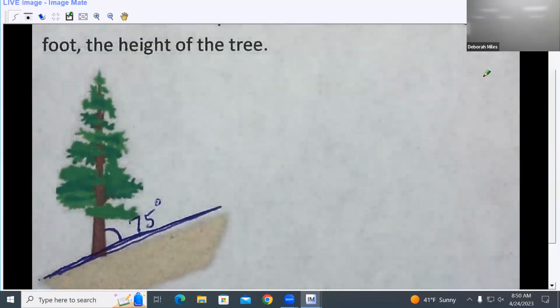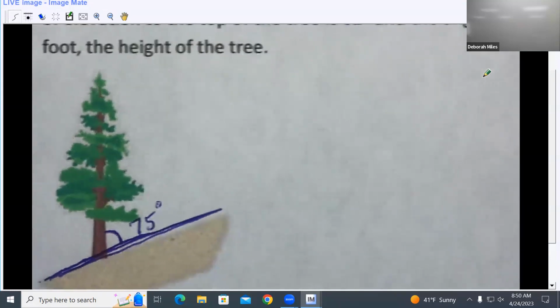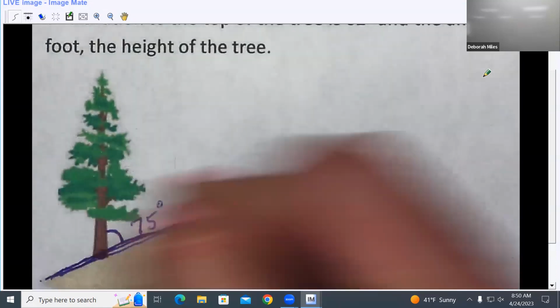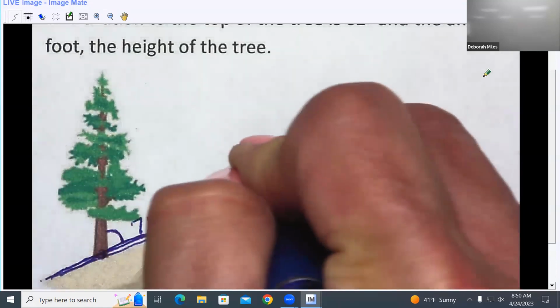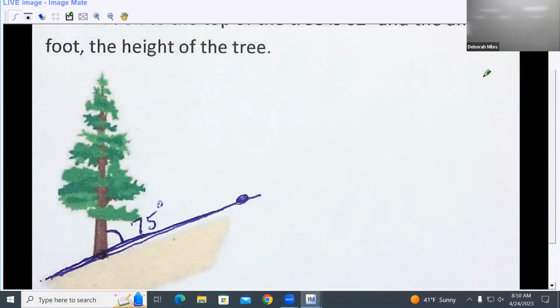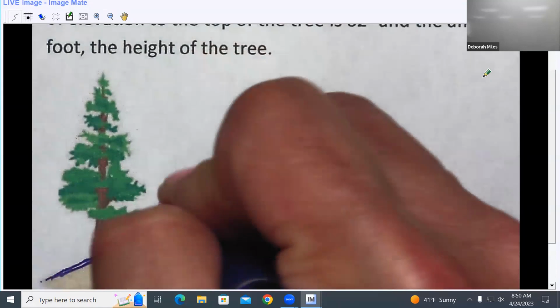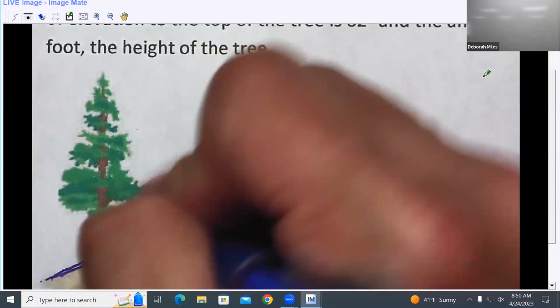From a point 80 feet up the hill, that's 80 feet up from the pine tree, right? So here's the pine tree, and then up here somewhere, there's a person, and from the pine tree to the person is 80 feet.